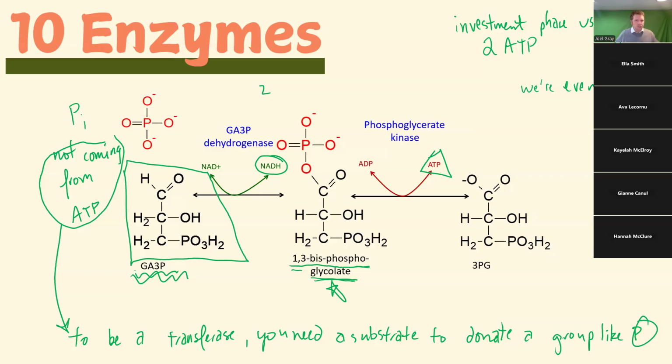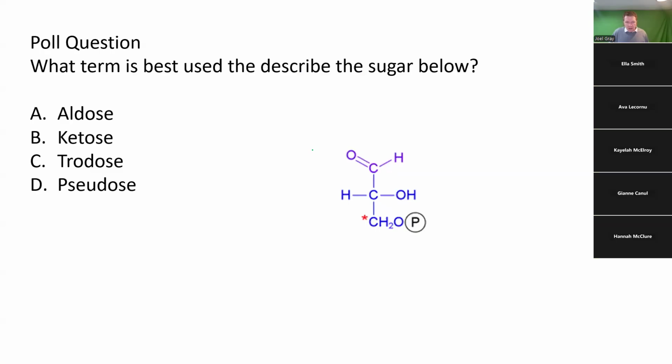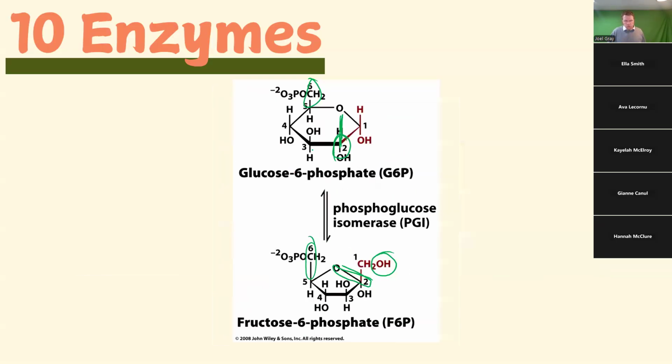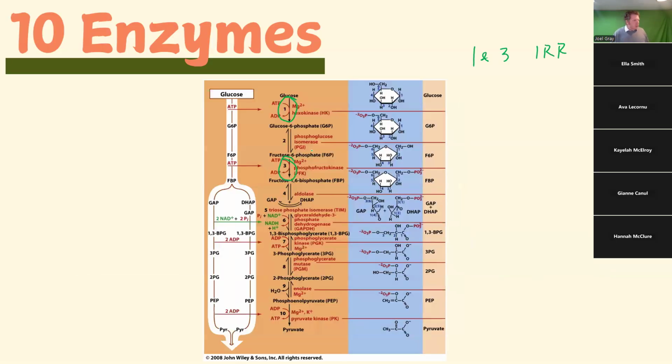I'm happy that you asked that because I'm guessing you're not the only person who had that question. If we go back to this shot right here, what we did was we took our fructose 1,6-bisphosphate and split it into glyceraldehyde 3-phosphate and DHAP.